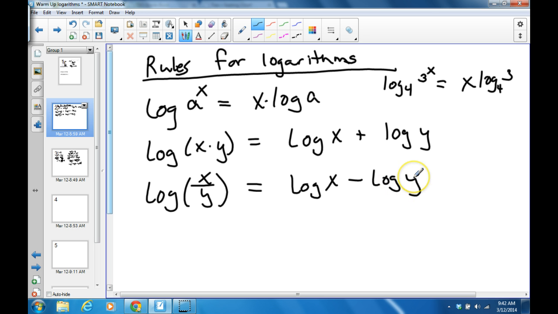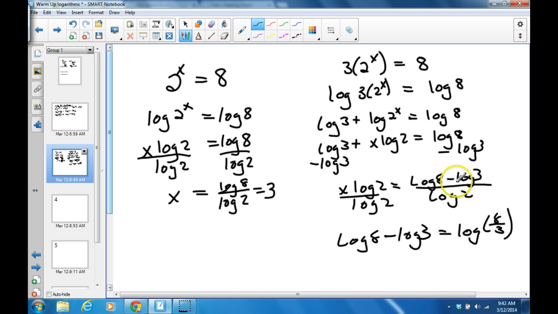Okay, so I worked my way backwards. So, no, you can't just subtract 8 minus 3, so it is not log 5. You would take the log of it first before you subtracted, right? So that makes a whole different number. Okay?